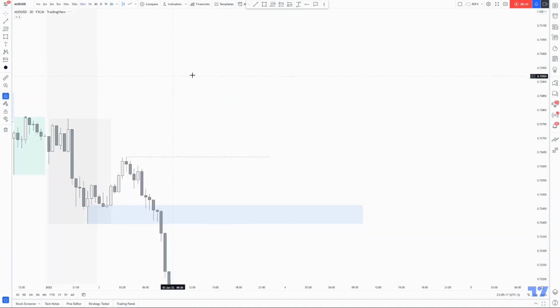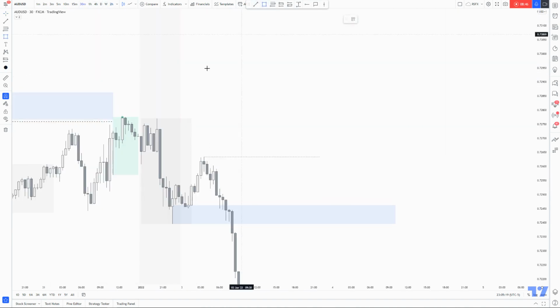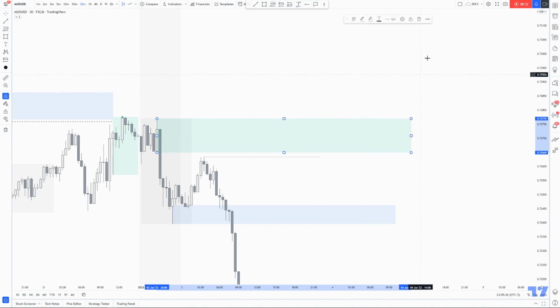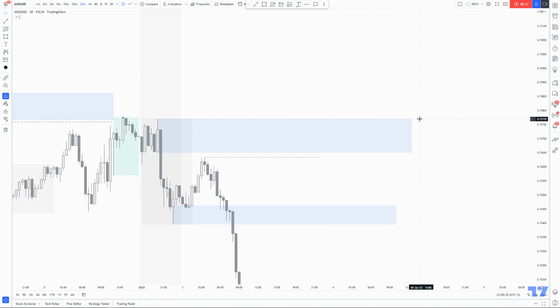Let's go to M30. Yeah, we do have this one, which would be the very extreme. So it's an area for you to maybe watch out. It's a big area, of course.